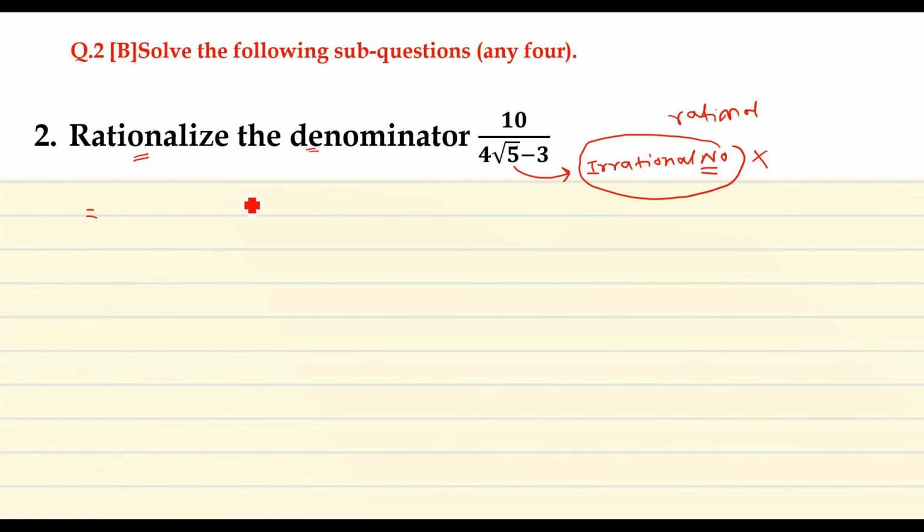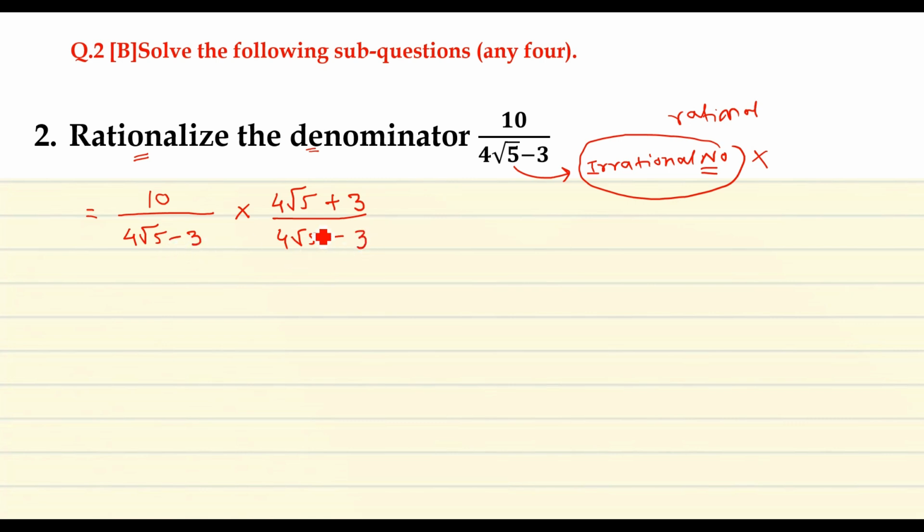Then what can I do in mathematics? In such types of questions, I can use the conjugate. So 4 root 5 minus 3, I will multiply by its conjugate. Conjugate means the sign of the middle term is reversed, so that minus 3 is to be written as plus 3: 4 root 5 plus 3.